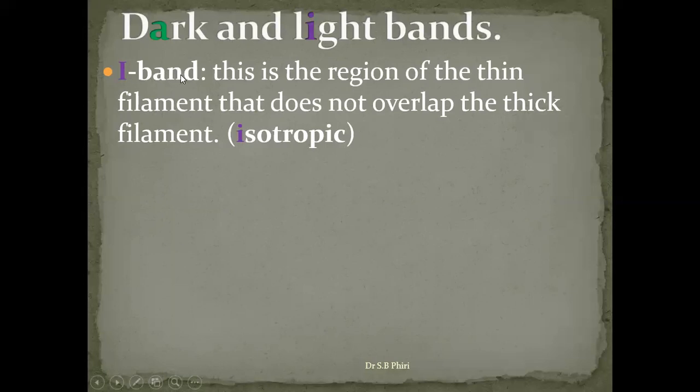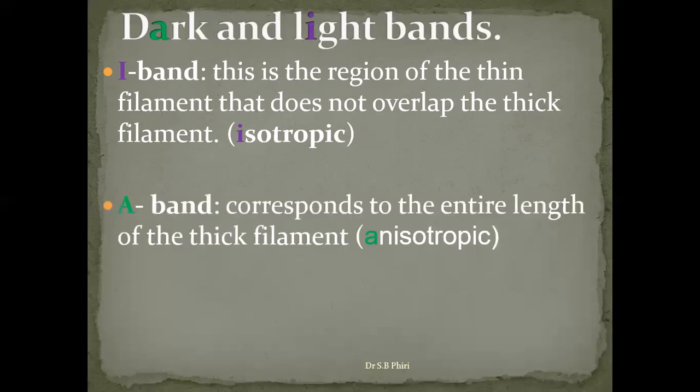The I band is the region of the thin filament that does not overlap the thick filament. I'll explain the sarcomere. Where you have the I band, you only appreciate the thin filaments that are not overlapping with the thick filament. Because of that, they will be lighter in appearance. Hence, the I band represents the region of the thin filament that does not overlap with the thick filament. Then the A band, the letter A, comes from the way this part of the muscle responds to polarized light.